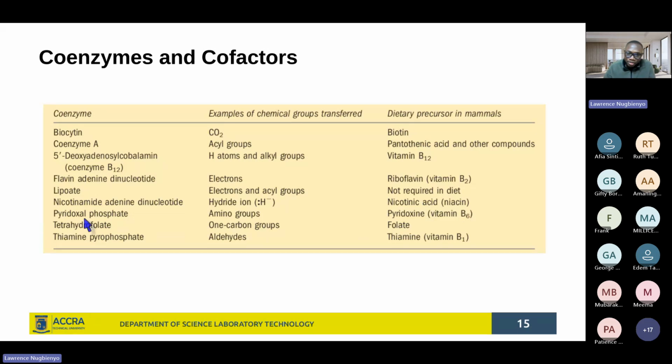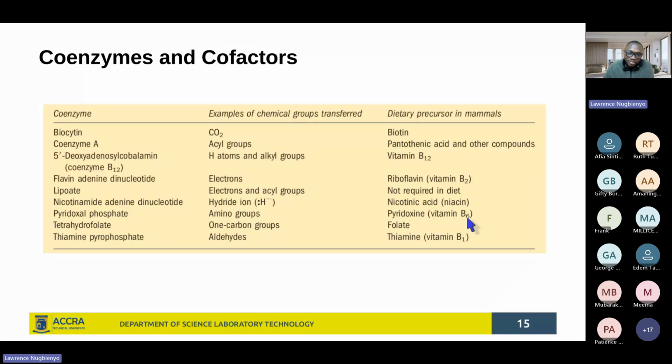Pyridoxal phosphate is one of those coenzymes we will see when we are looking at the metabolism of proteins. They are involved in the transfer of amino groups. So we'll see it in a process we refer to as transamination in the metabolism of proteins. And the inactive form, the vitamin from which you get that, is pyridoxine. So it's vitamin B6.